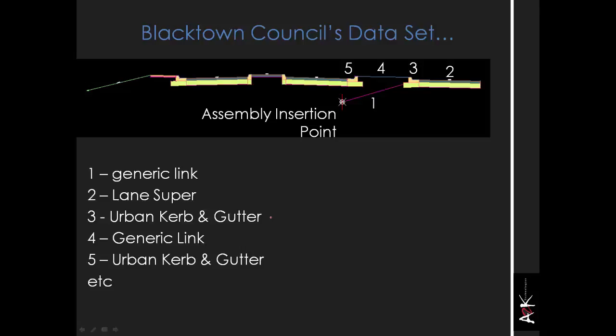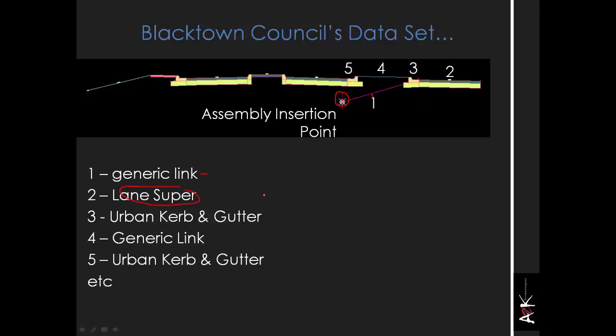This slide here we'll come back to a little after the presentation, but it shows this in more detail. The assembly insertion point is the first thing we do, which is that one here. This first one is going to be a generic link, which brings us up to the relevant point. We then do a standard lane, which represents our existing service road.